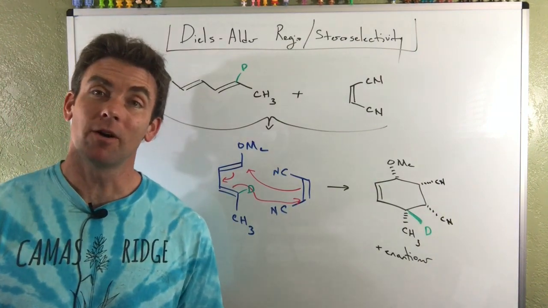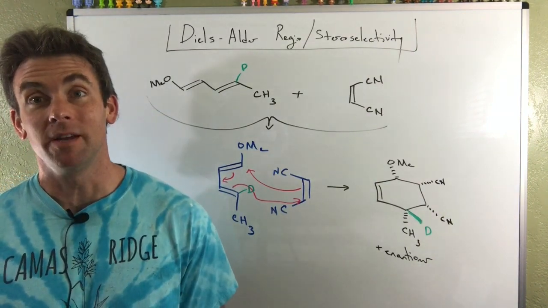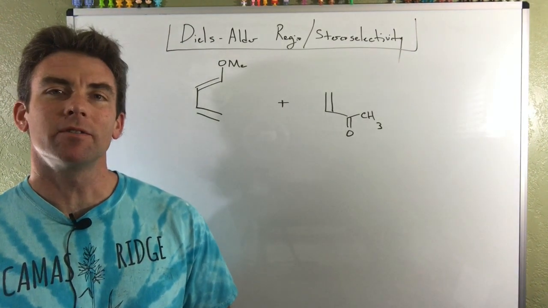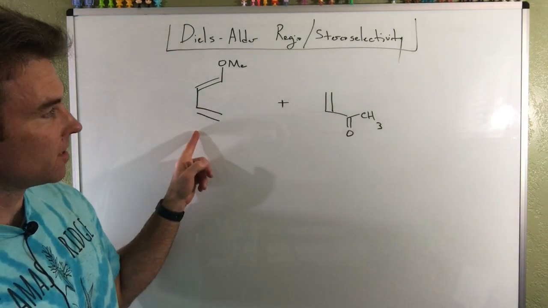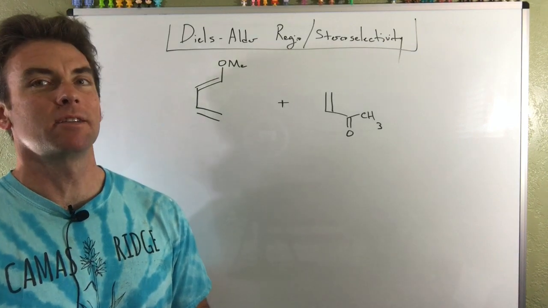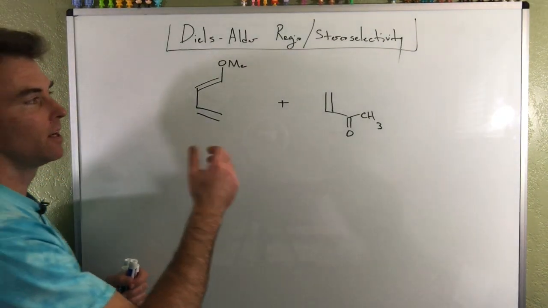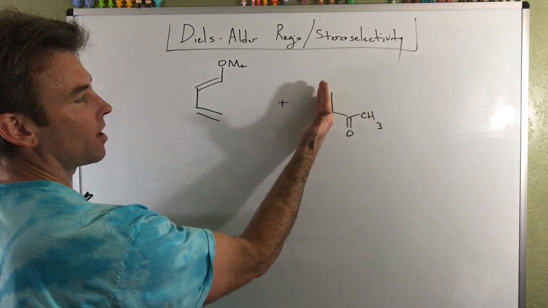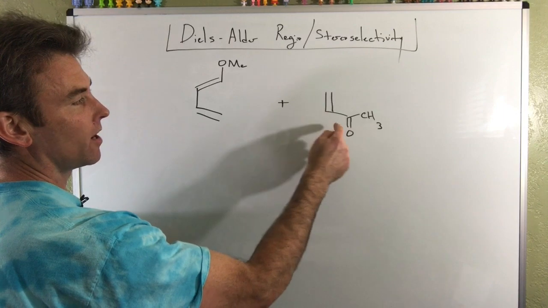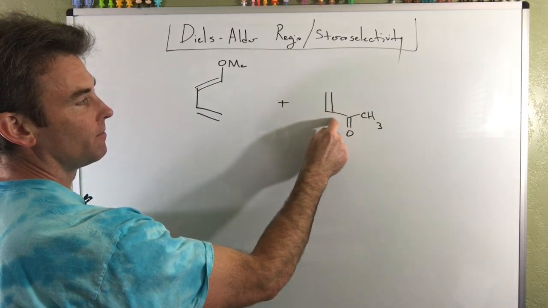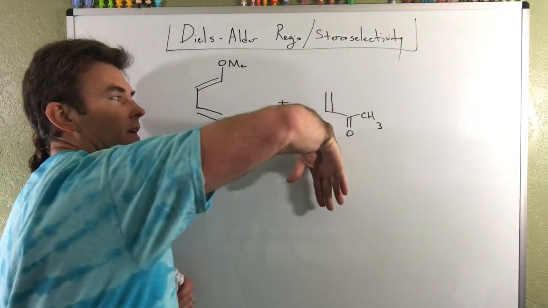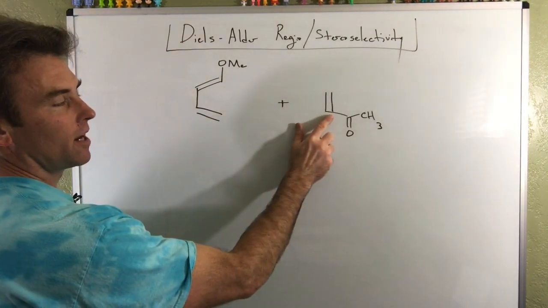Now we're going to switch over and talk about the regiochemistry of Diels-Alder reactions. Here are some other starting materials. We've got our diene and our dienophile, arranged somewhat like they're supposed to be. If I draw arrows, I could end up with a product where this is on position 3 in the new ring, or I could flip this entire thing over and it would end up in position 2.